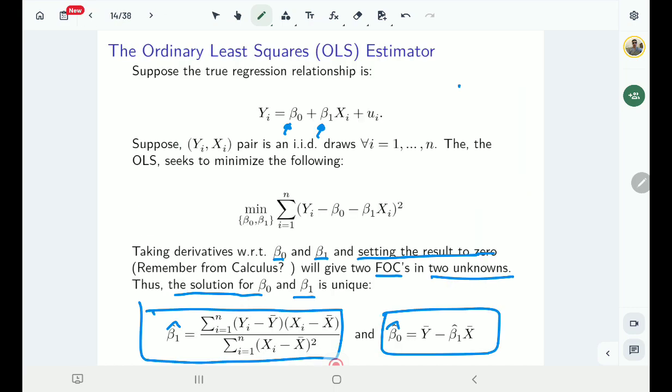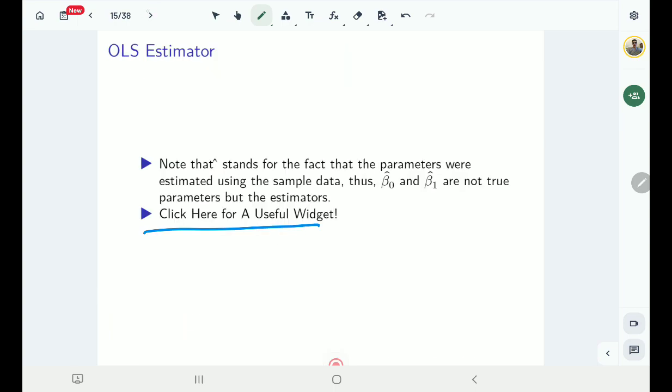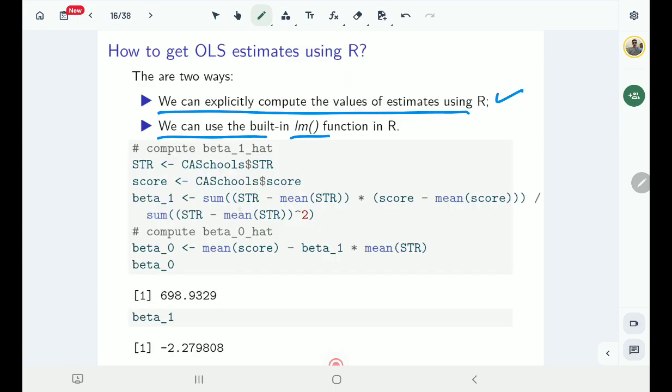If you do it manually, you basically plug in values in the beta hat 1 and beta hat 0 formulas. The first one is the covariance of yi and xi. So you take the STR and score cross product for each index, then sum, and then divide by the variance of STR.